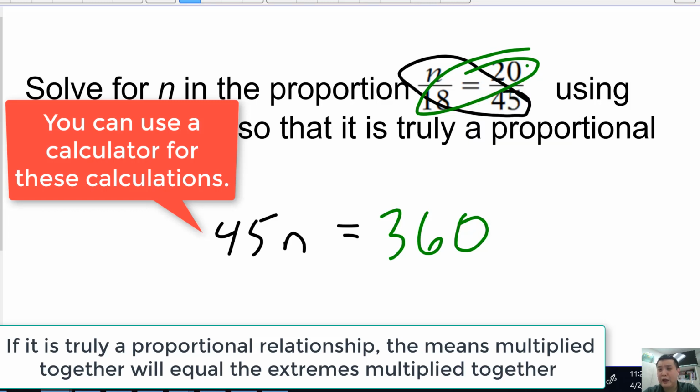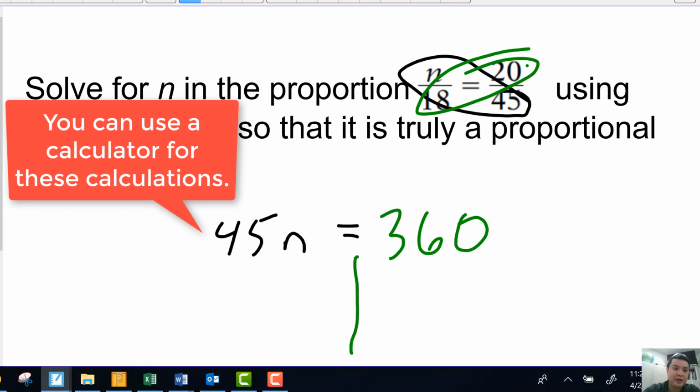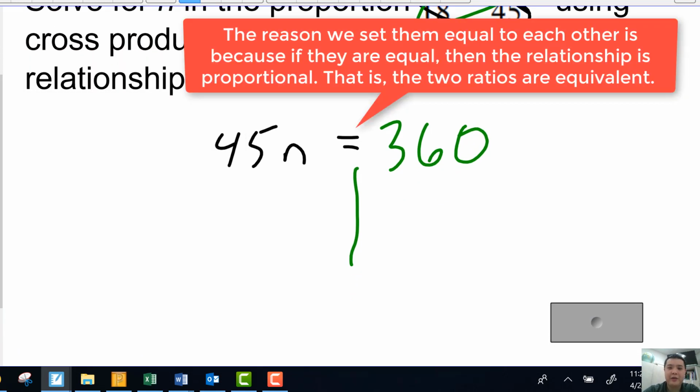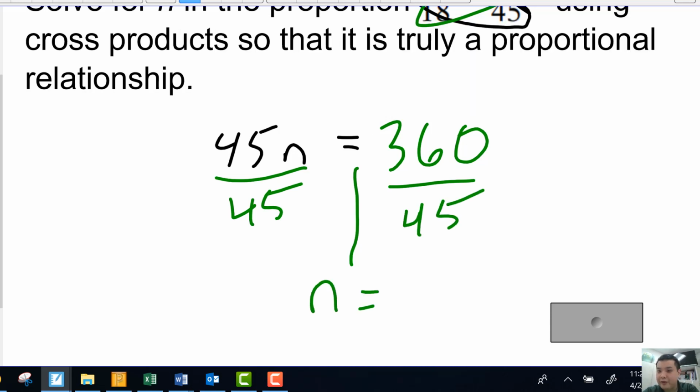Then we solve how we do normally with an equation. Draw a line down the middle. Solve for n by dividing by 45. We divide by 45. We find out that n equals, if I'm doing this correctly, I believe that equals 6.